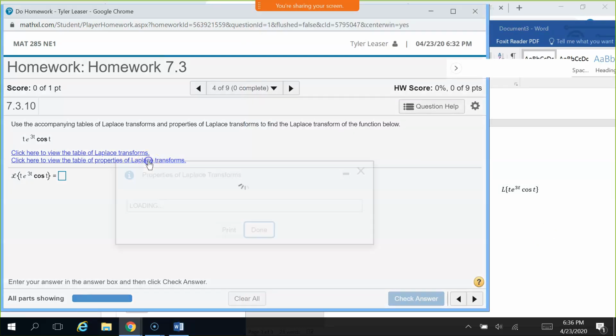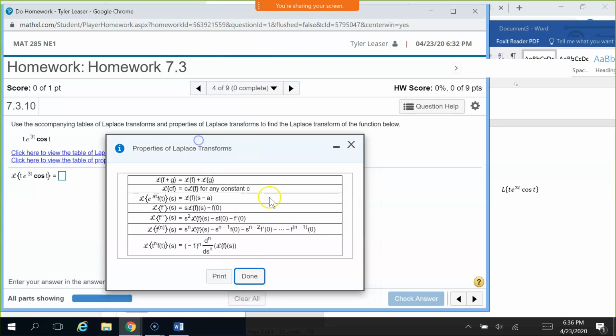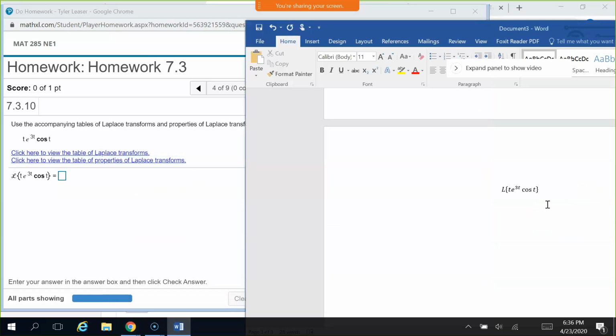All right, looking at the properties, anytime that you have a t out in front, this very last one, it's -1 to the n of whatever the power is on the t, and then whatever the derivative, so if it's a t to the 1, then first derivative, t squared, second derivative of the Laplace. So we could rewrite this.